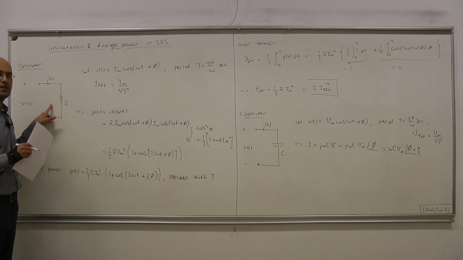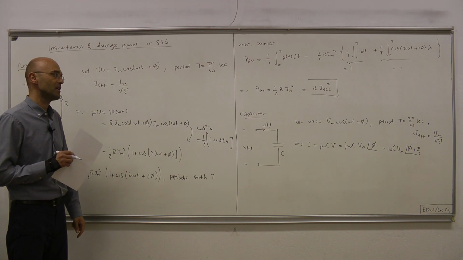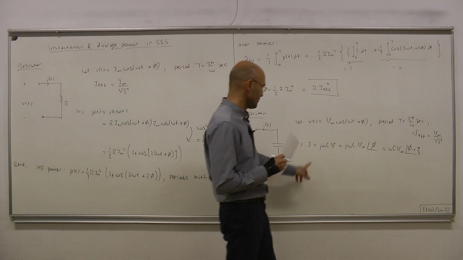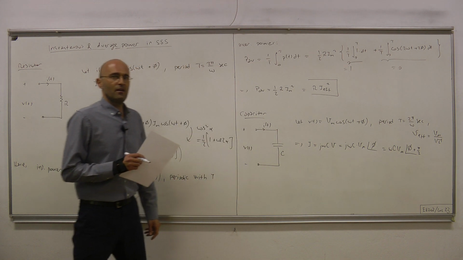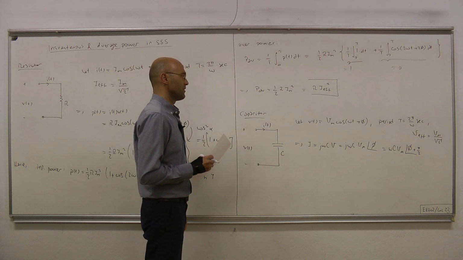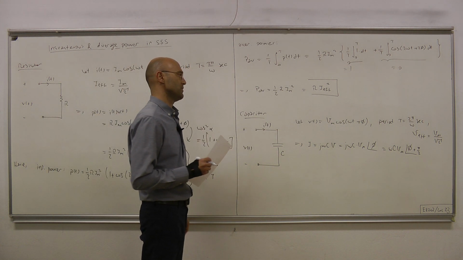Okay, for a resistor, voltage and current are in phase, but for a capacitor, the current leads the voltage by 90 degrees.